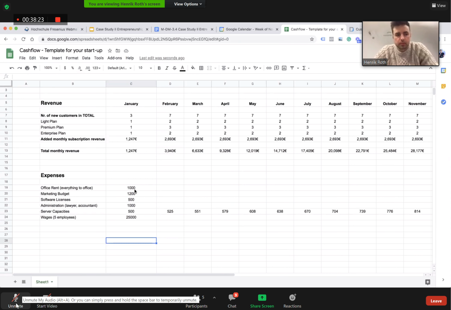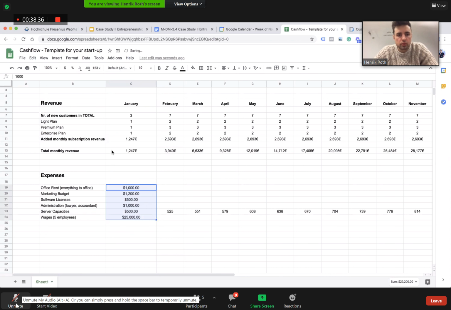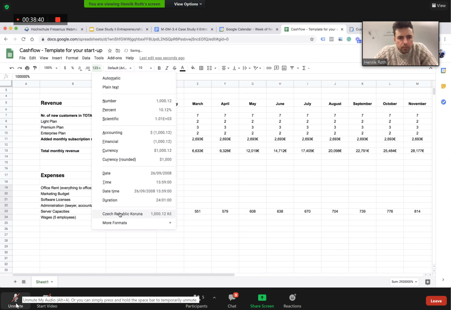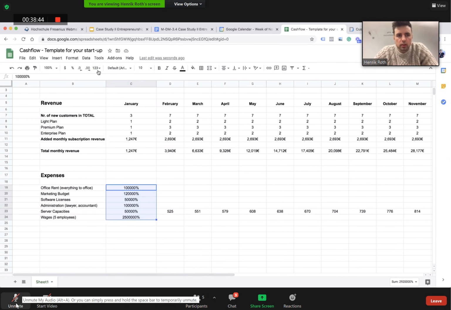Okay, so let's see. The marketing budget, we have a formula here, right? Software licenses also, it's not changing. So now we can just, let's see, change it here to euros. Or let's keep it in dollars.